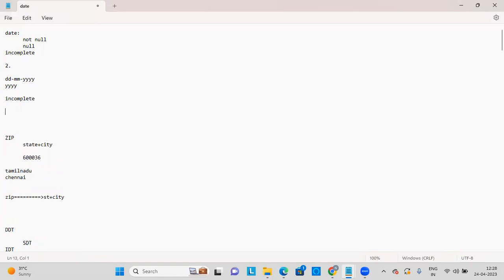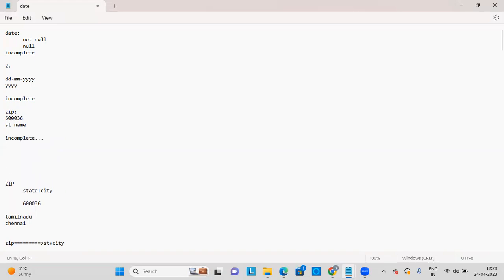And zip code. Let us say in India, we expect a 6-digit zip code, but let us say we got only the state name. In that case, the data is incomplete, right? Now, that's one way to define the completeness measure.